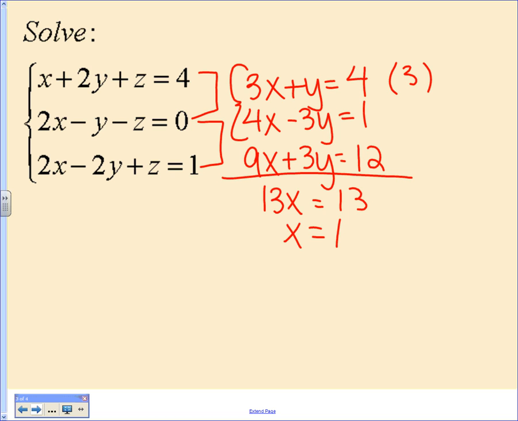Okay, put it into one of these two. What do you get? Do you agree? Okay, now we need to find z. Pick one. Which one? Okay, 1 plus.